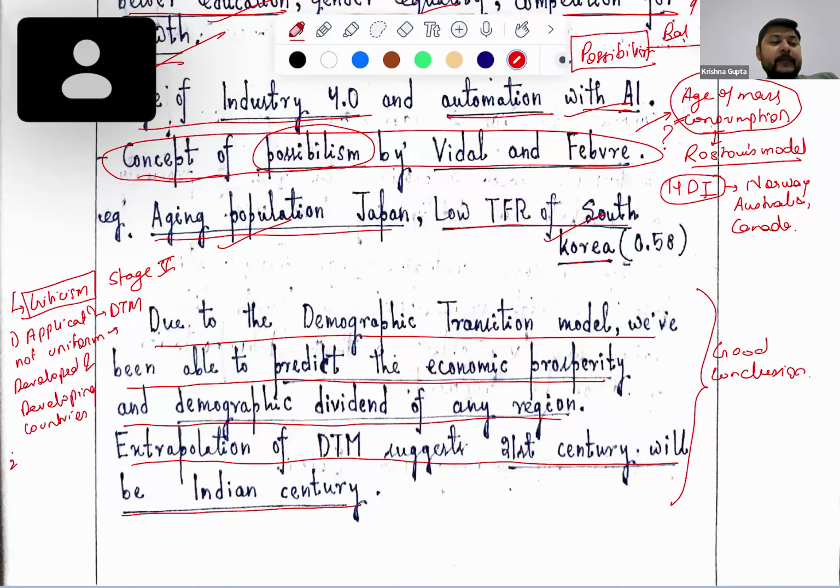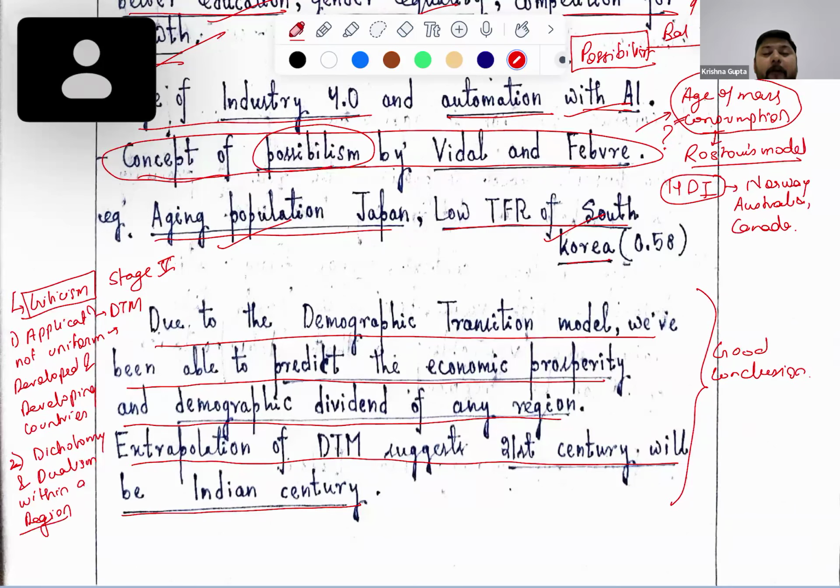Second criticism, what we'll be seeing, is that in the contemporary time period, there is dichotomy and dualism within a region.